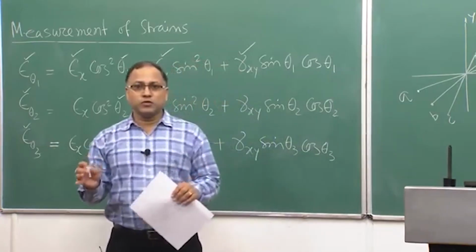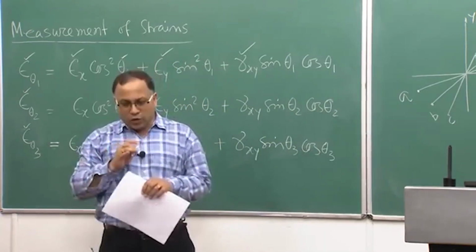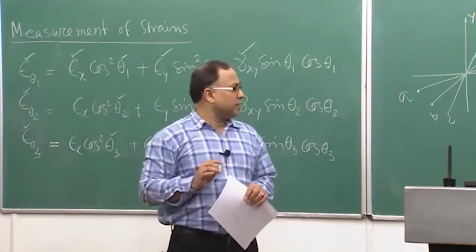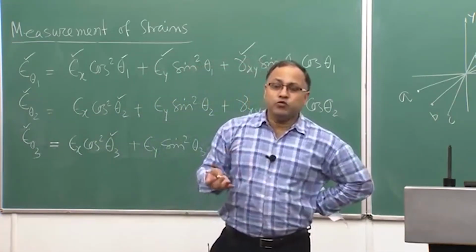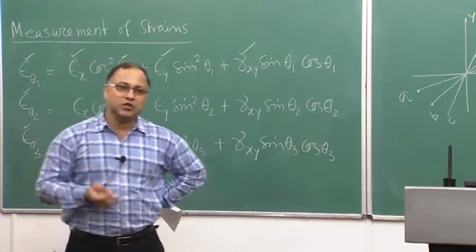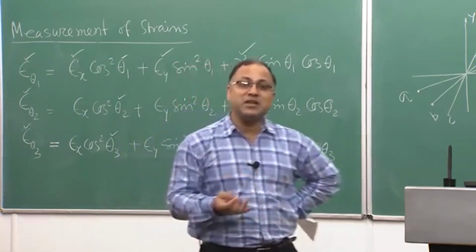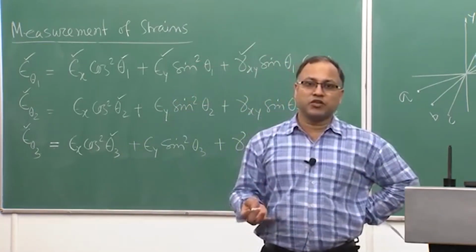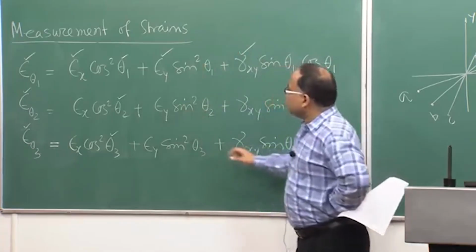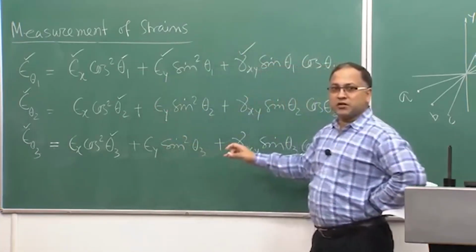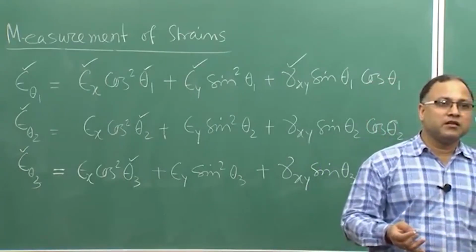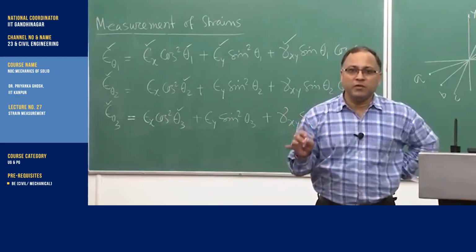You choose theta 1, theta 2, theta 3 and accordingly you place the strain gauges. So, why do we not choose the values of theta 1, theta 2 and theta 3 in such a way that we minimize the computational effort? You need to minimize the calculation by choosing theta 1, theta 2 and theta 3 in such a way that your life will be simple.